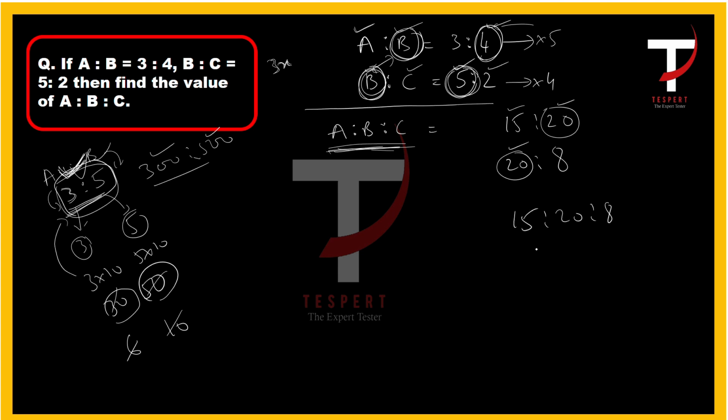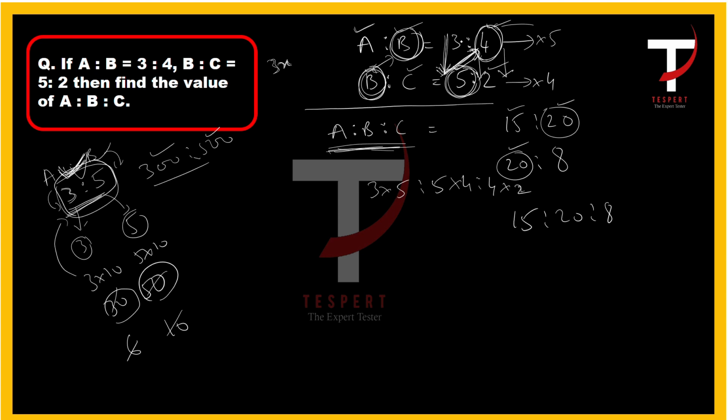However, you can also do this. Here we have 3, 4, 5, 2, right? So you can multiply like this. This is the first step, this is the second step, and this is the third step. So 3 into 5 is to, now go diagonally, right? 5 into 4 is to 4 into 5, 4 into 2, right?